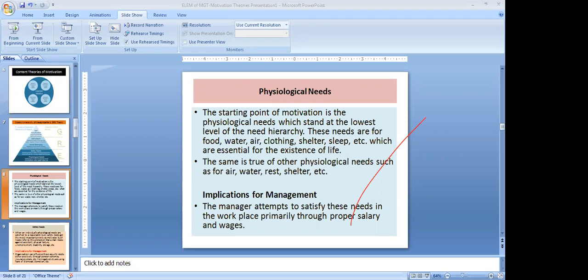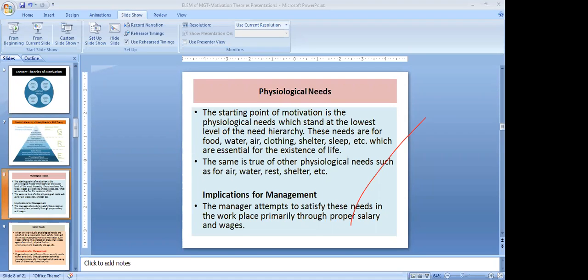Since most employees are in a dependent relationship in their workplace, they often regard their safety needs as very important. And it is worthy to note that arbitrary management actions such as discrimination and unpredictable application of policies often become powerful threats to the safety needs of any employee at this level.